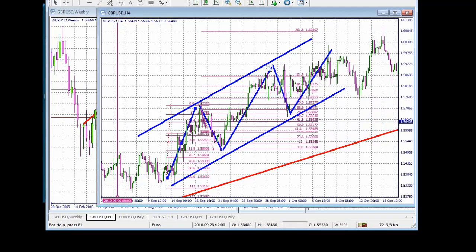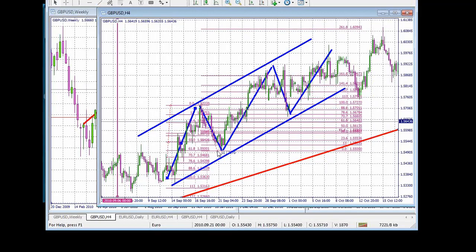In this case we can see that related to the second wave, the third wave was bigger. We have here the 100, and here is more than 161. Actually, it was very close.